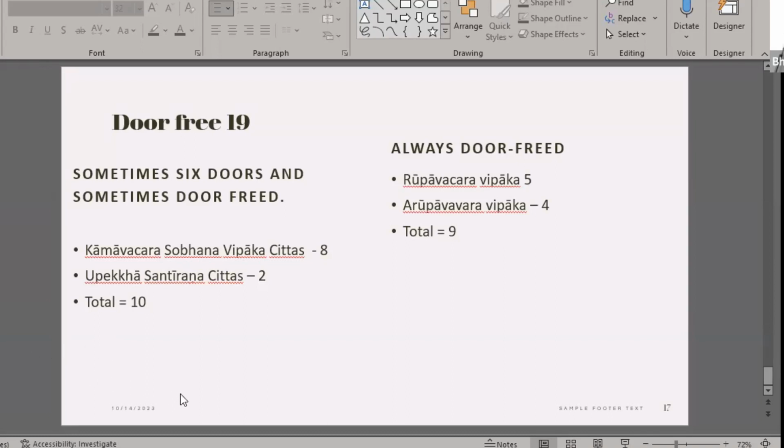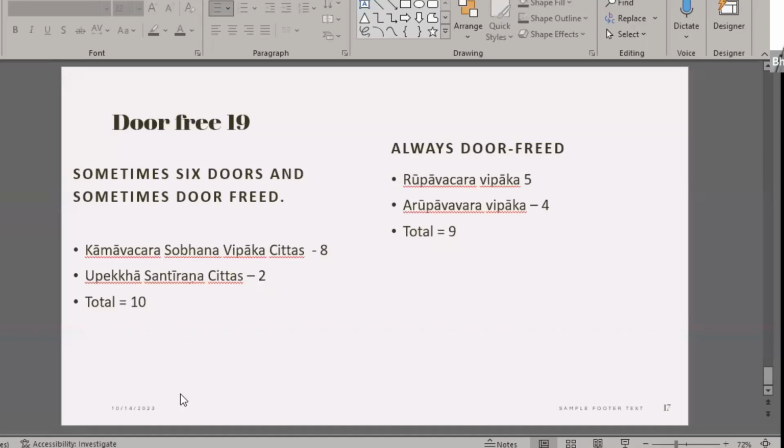Similarly, when Upekkha Santirana arises as Santirana function or Tadarammana function, at that time they are not door-free. They have another work to do. When they arise as life continuum, Bhavanga, they are door-free.